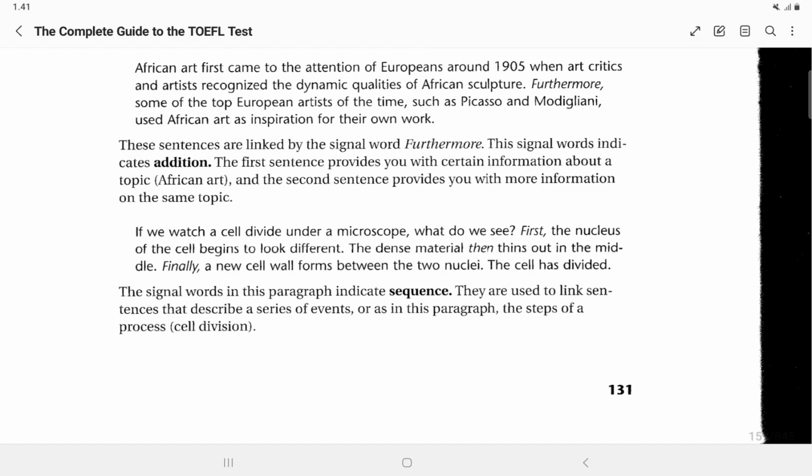Furthermore, some of the top European artists of the time, such as Picasso and Modigliani, used African art as inspiration for their own work. Addition. These sentences are linked by the signal word furthermore. This signal word indicates addition. The first sentence provides you with certain information about a topic.